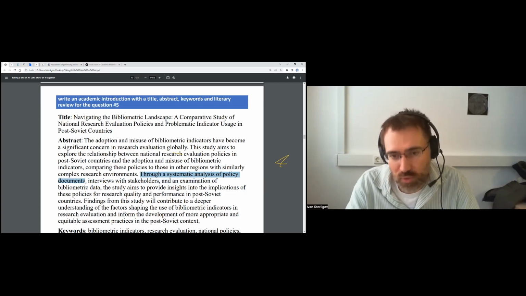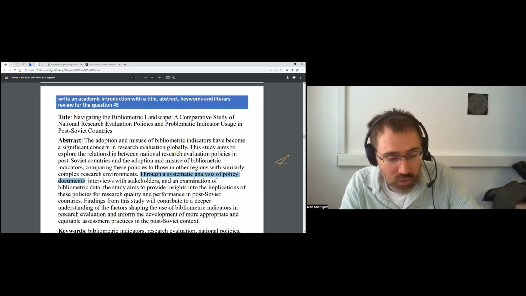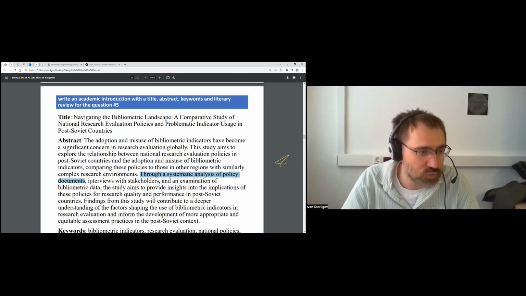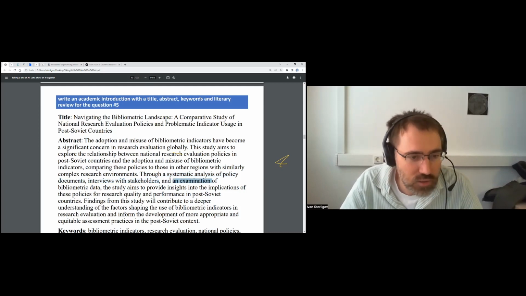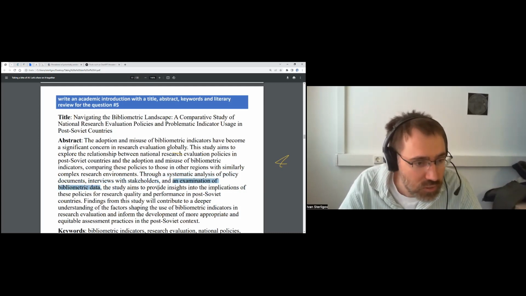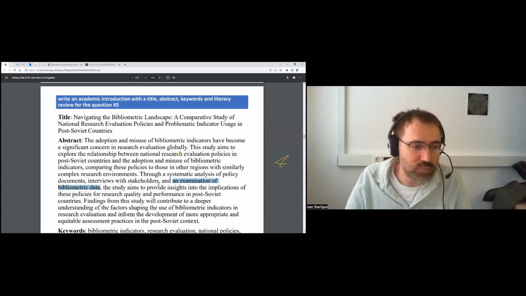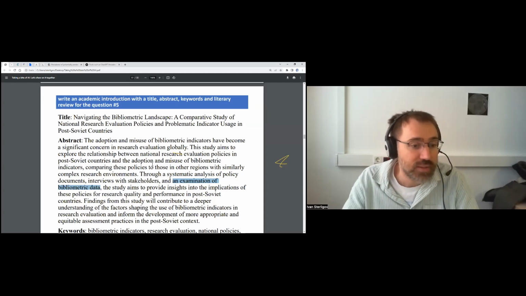So this is one approach, a rather popular one, and often implemented in such studies. Interviews with stakeholders, yes, great, and an examination of bibliometric data. So this is really a cross-section of different but interconnected academic fields, and these research questions sound valid to me.